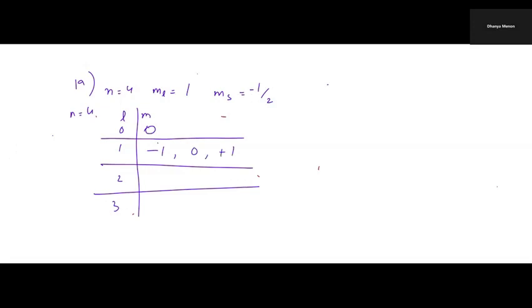When it is 2, minus 2, minus 1, 0, plus 1, plus 2. When it is 3, we have minus 3, minus 2, minus 1, 0, 1, 2, 3.